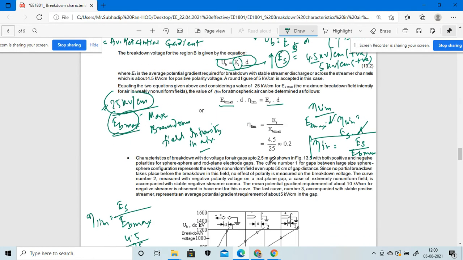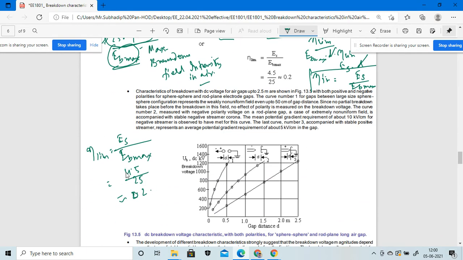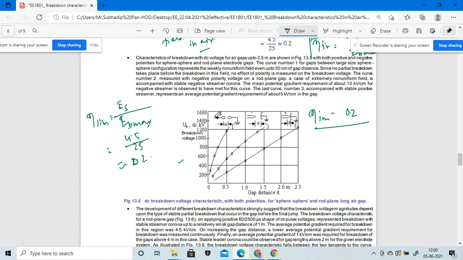Using these two equations we can find the value of this limit. So the limit is coming to 0.2.